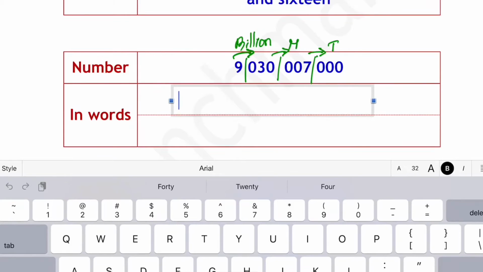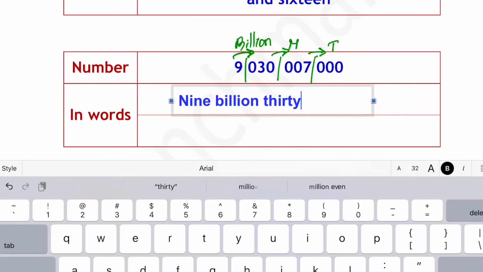So let's start. This is 9 billion. And then my next set of 3 digits represents 30, because 100 is not applied there, 30. So it's million.